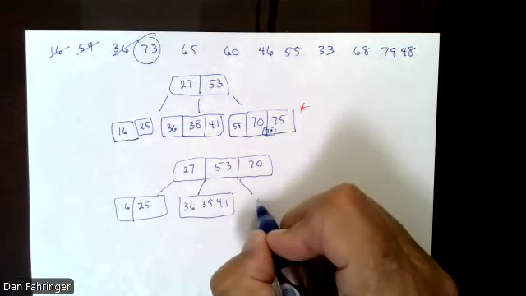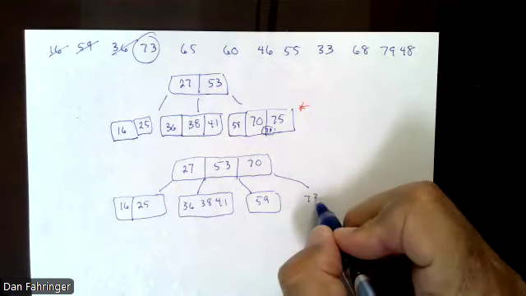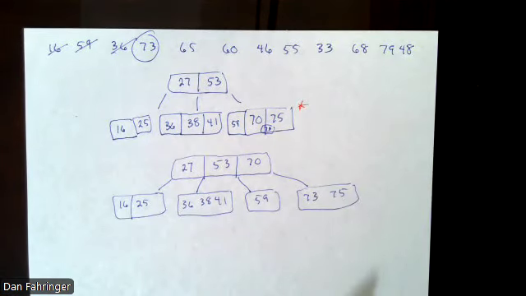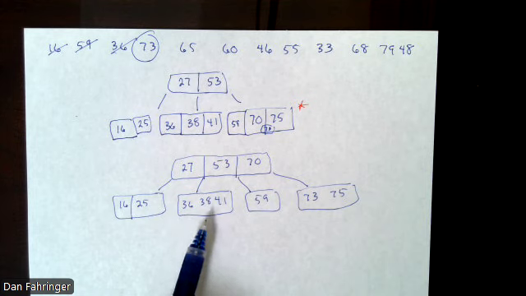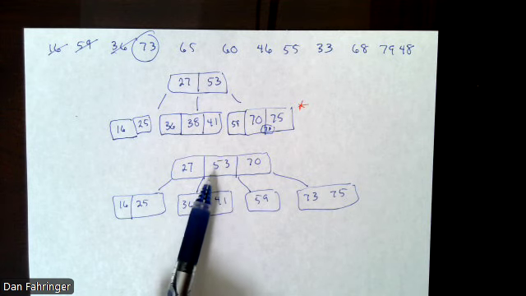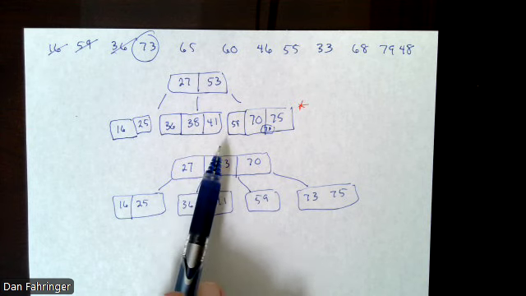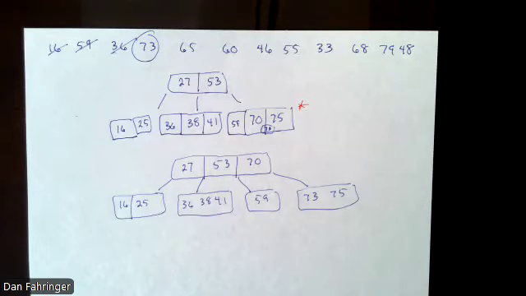I have 59, 73, and 75. So what happens if I put a number in this box, like 37? What would happen? This would blow up. A number would get sent up here. This would get blown up, and we'd have to have a top node of 53 coming down to 27 on one side, and so on.